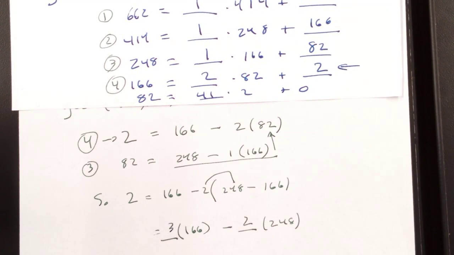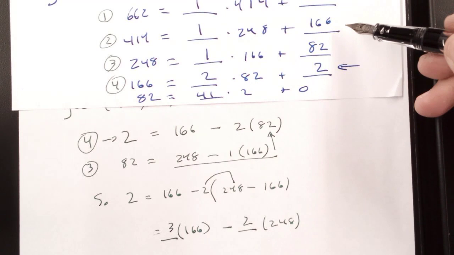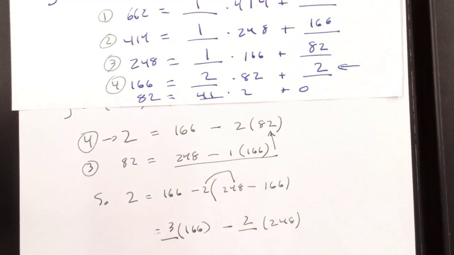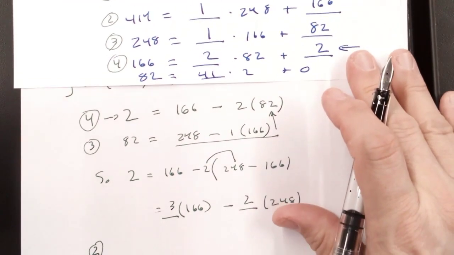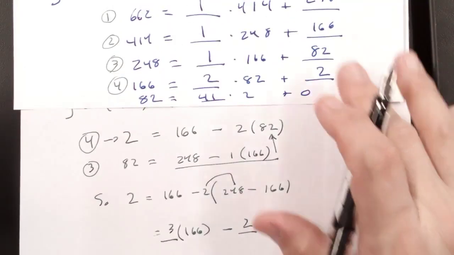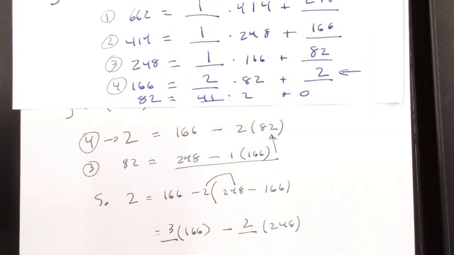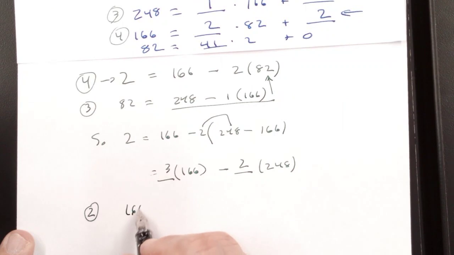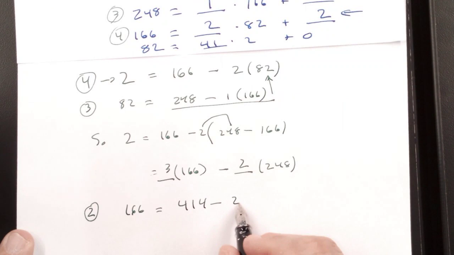Now go back to equation 2. In equation 2, the remainder is 166. 166 is 414 minus 1 times 248.